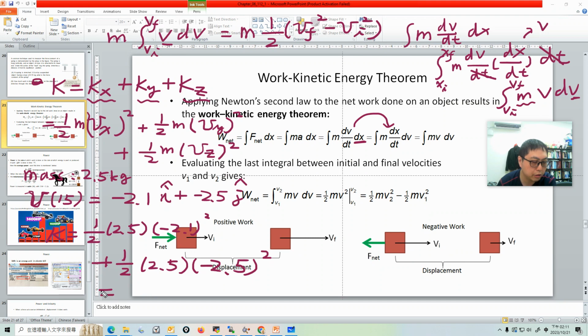Add them together, and the final value is 13.32 joules. That's a simple example to show you that total kinetic energy can be decomposed into contributions from three directions.